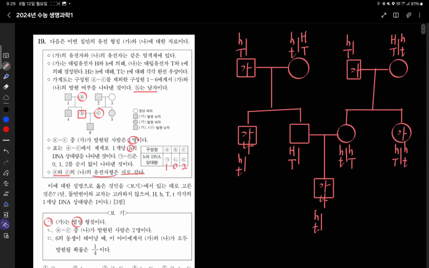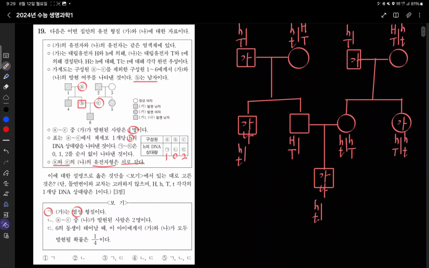And the second statement is not right. Among A, B, and C, no person has the second trait expressed because all of them have capital T. So the people with the second trait is 0.